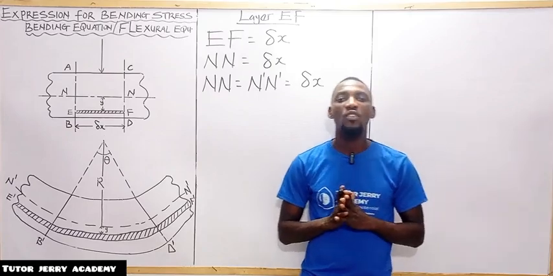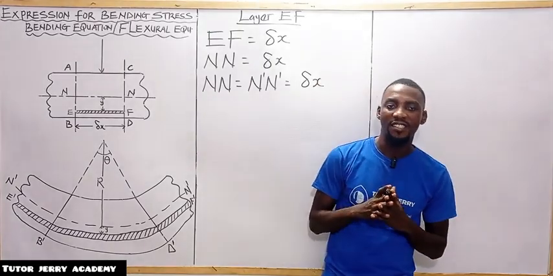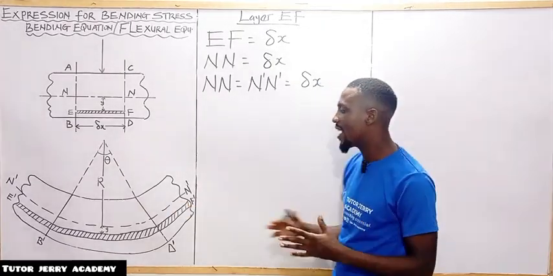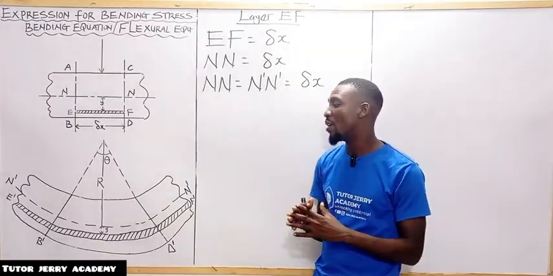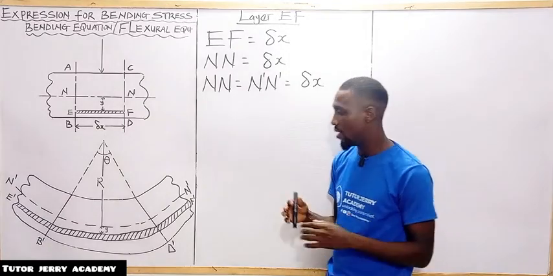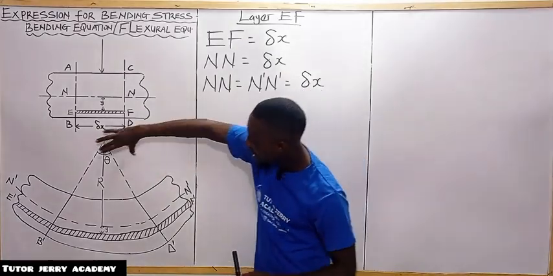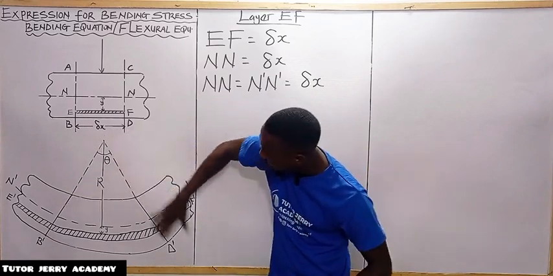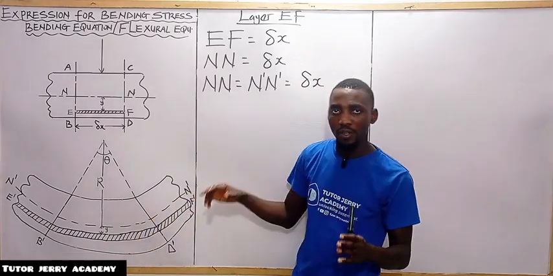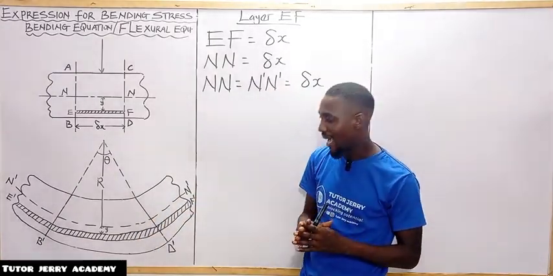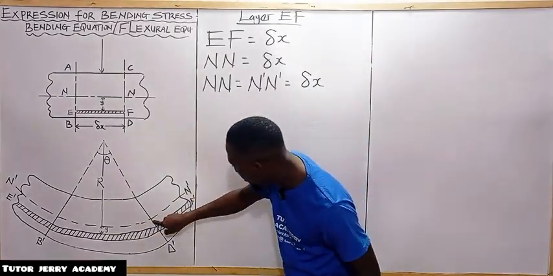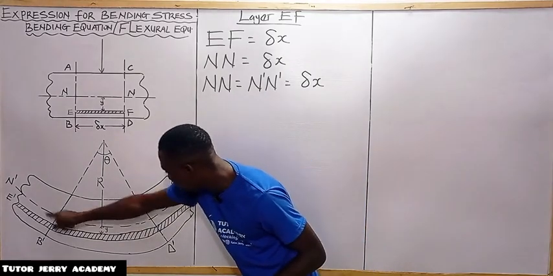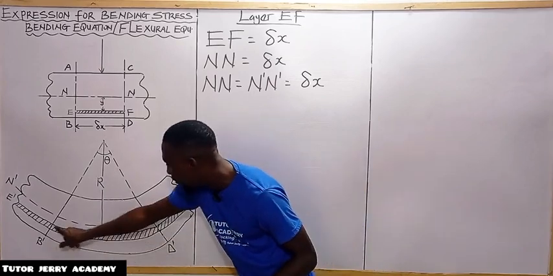All right, the next thing we are going to consider: if you look at this diagram carefully, you are going to observe that we have two arcs, and we are going to have two lengths of an arc. The first one is this one here, and then we have another length of an arc here.